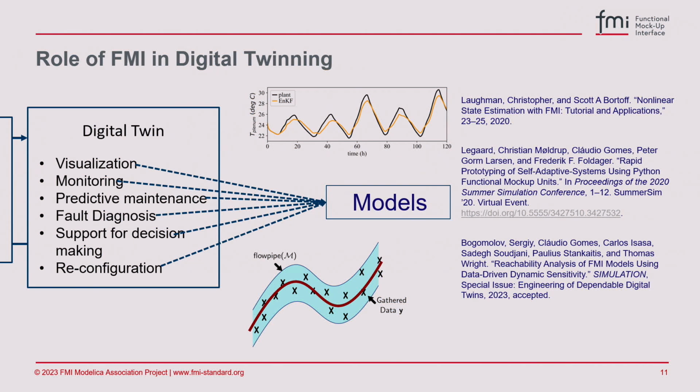Well, because you may want to visualize variables that cannot be measured directly from your process. Thanks to the state estimation you can do that. Or you can also detect anomalies, because by comparing the state estimators and the real data, you can detect discrepancies which will indicate something changed in the physical twin compared to your models. So these are two activities that are relevant in monitoring.